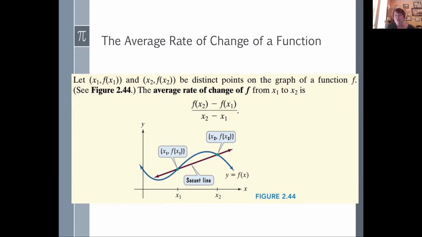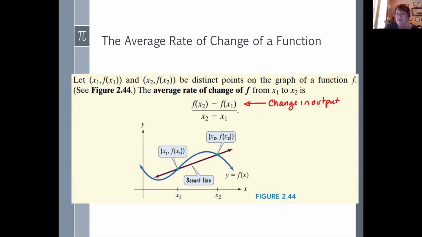So the average rate of change of the function f from x sub 1 to x sub 2 is given by f of x sub 2 minus f of x sub 1 divided by x sub 2 minus x sub 1. This is the change in our output, which we normally call y.